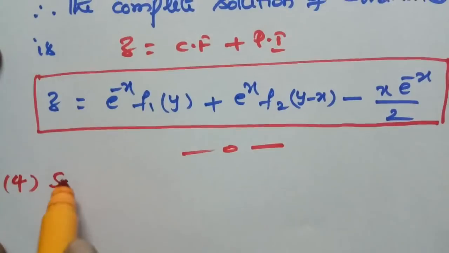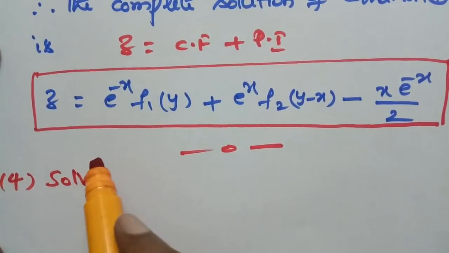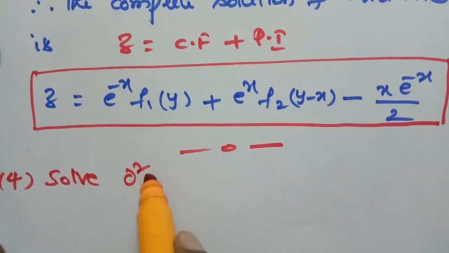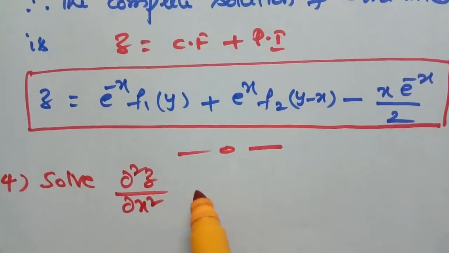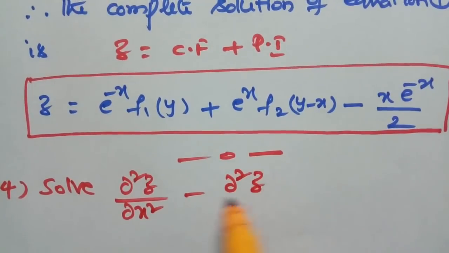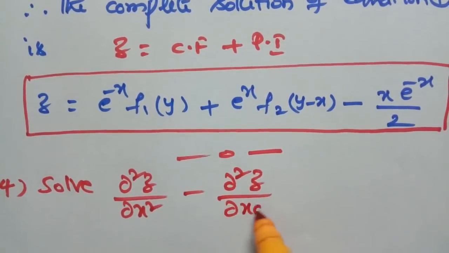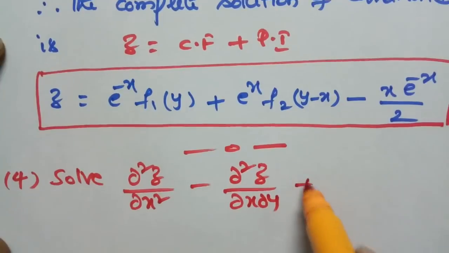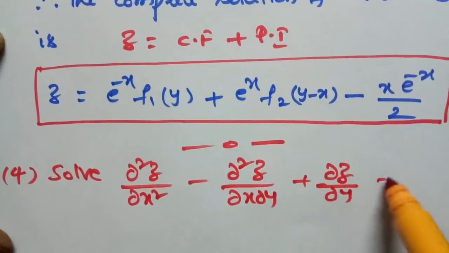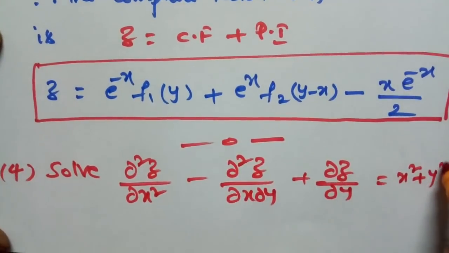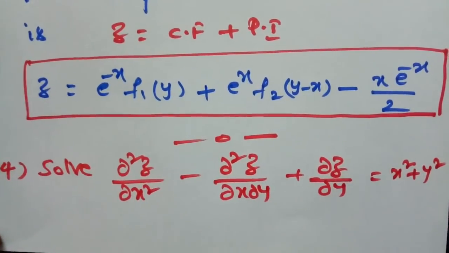Fourth one: solve del square z by del x square minus del square z by del x del y plus del z by del y is equal to x square plus y square.